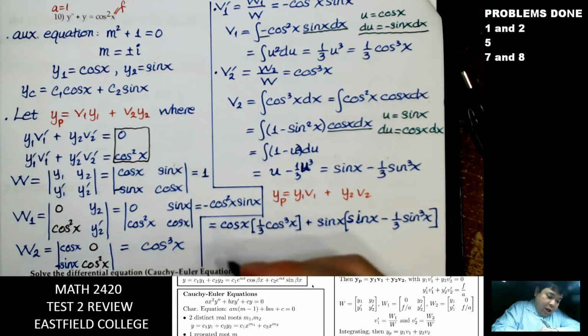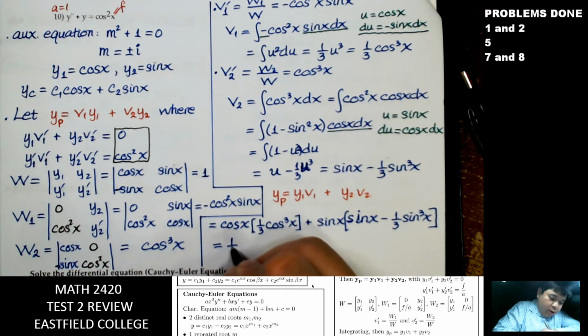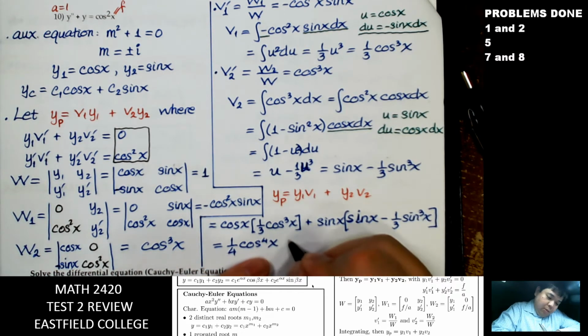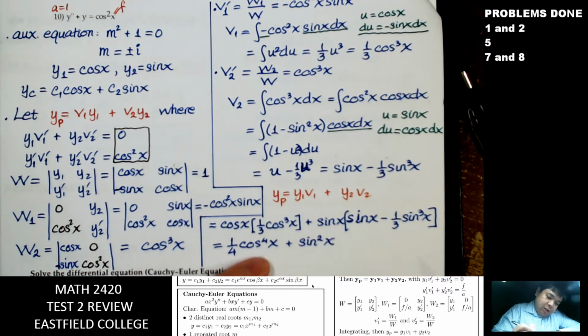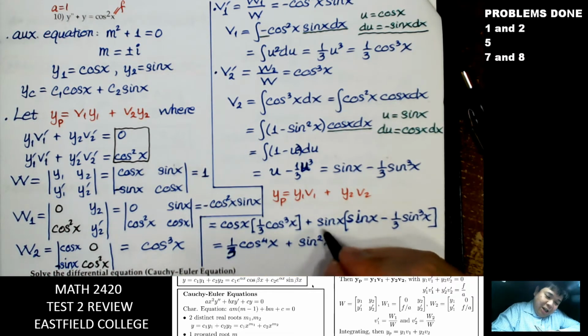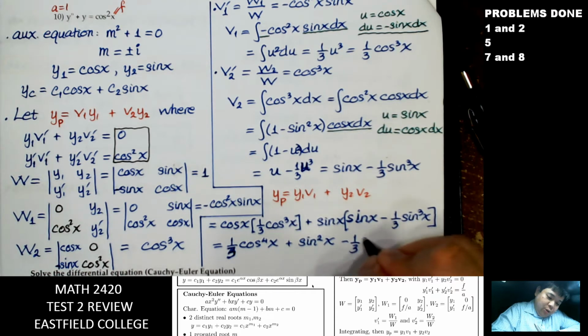Right. So that gives us 1/4 cosine to the 4th x plus sine square x. So I don't know why that 4th come from. So 1/3, and that is minus 1/3 sine to the 4th x.